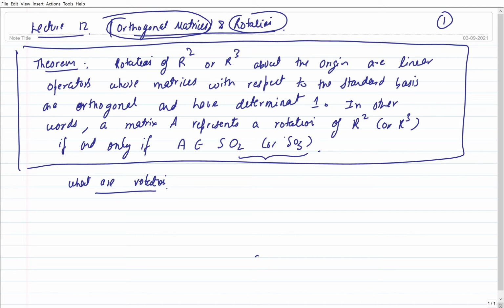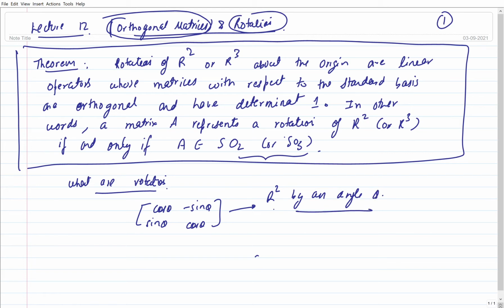Essentially, we already noted in the last lecture that an object like this represented a rotation. So this was a rotation of R2 by an angle theta, and that can be represented as multiplication by the matrix.